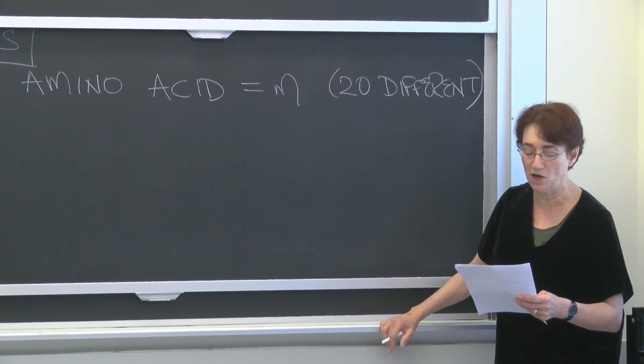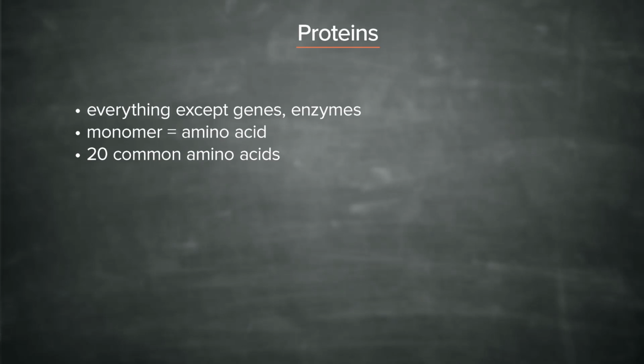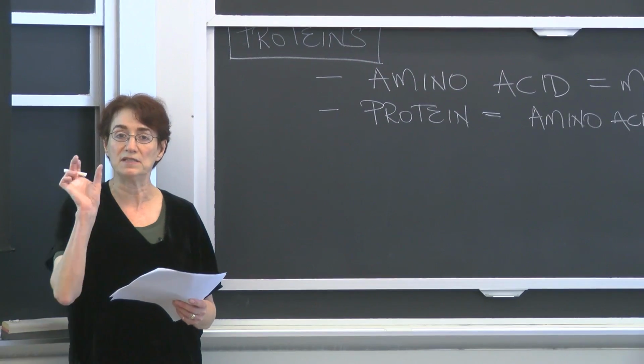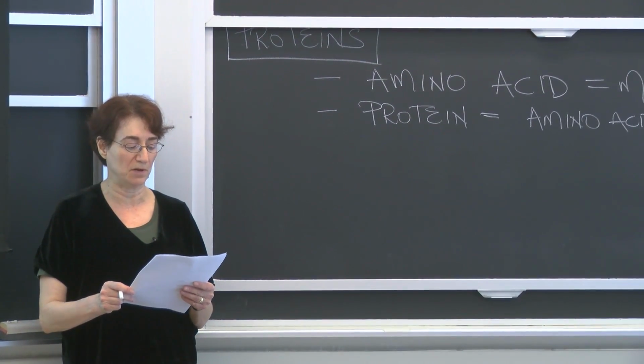But there are 20 common ones that we can think about. A protein is an amino acid polymer. And there can be little proteins and big proteins in just the same way as there can be small nucleic acid polymers and large nucleic acid polymers.